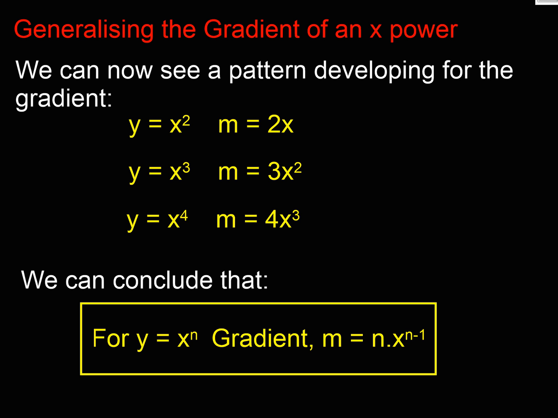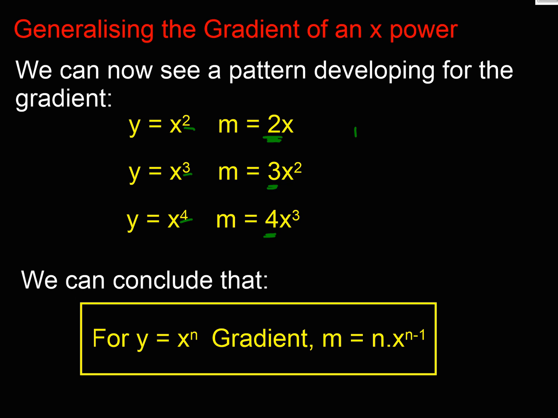Okay, so let's break this up. The first thing is, what's the coefficient? Here we had a power of 2 in the first one, x squared, and the coefficient was 2. Here we had x to the power 3, the coefficient is 3. And in the third curve we had x to the power 4, and the coefficient was 4.